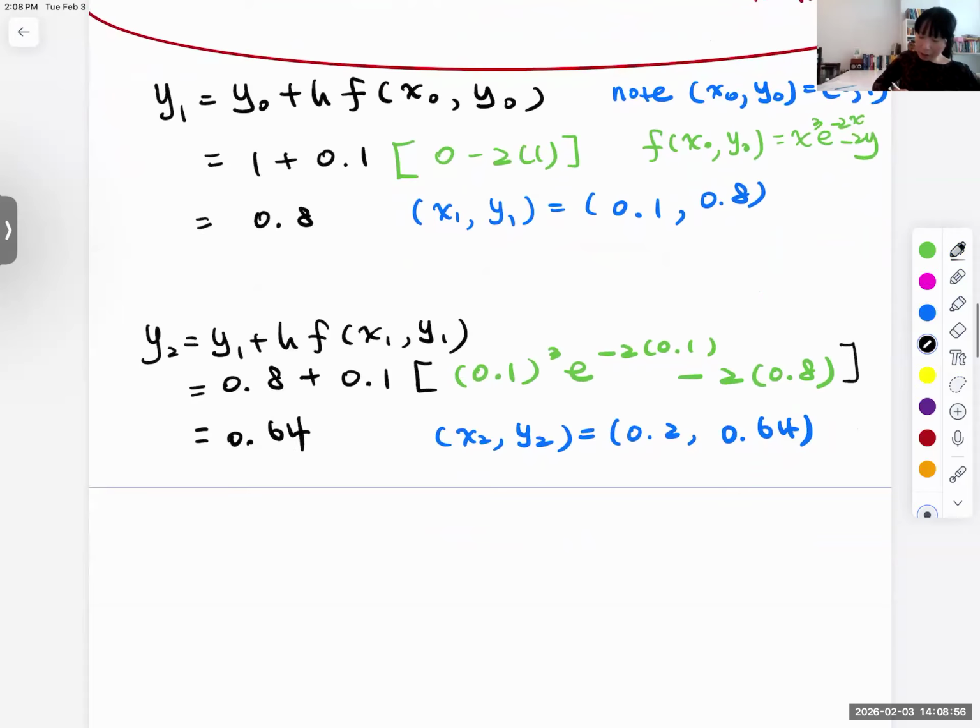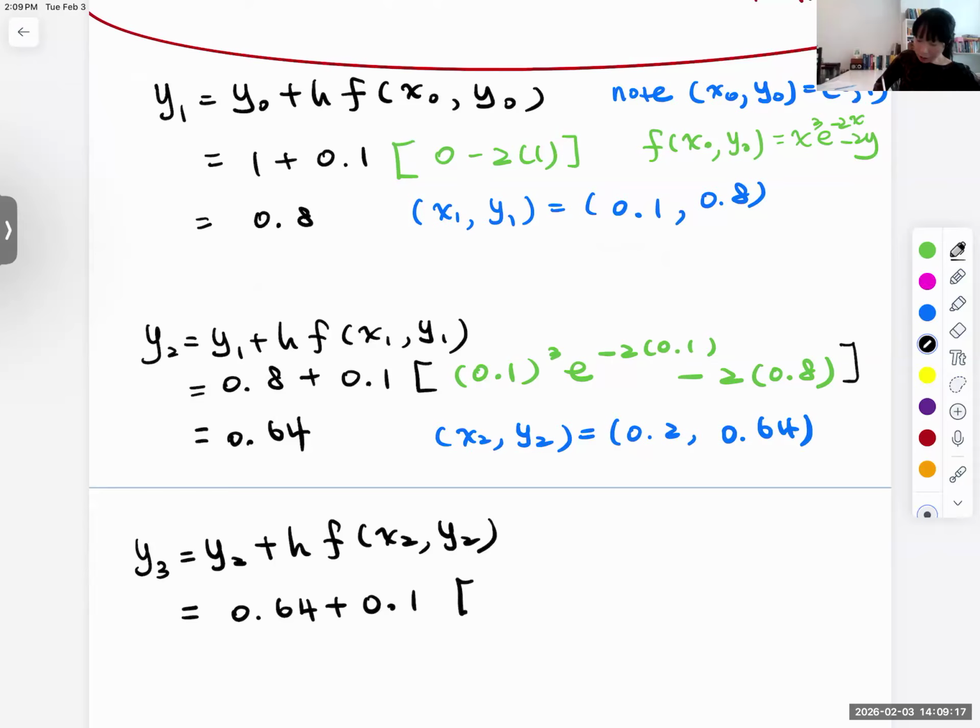So we have y sub 3 equals y sub 2 plus step size times f of x sub 2, y sub 2. Equal to y sub 2 from previous, 0.64, step size 0.1, then f of x sub 2.